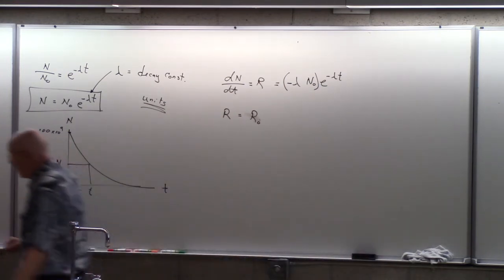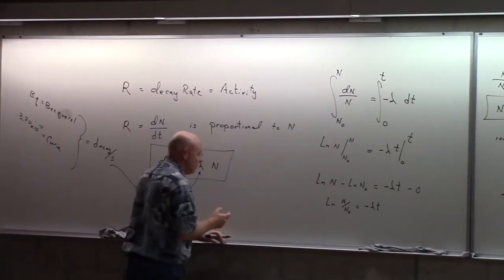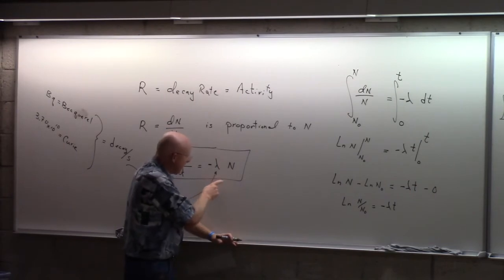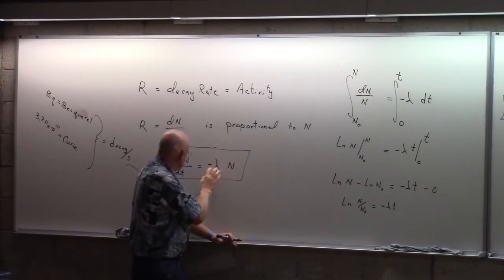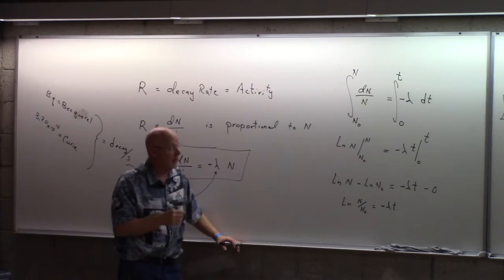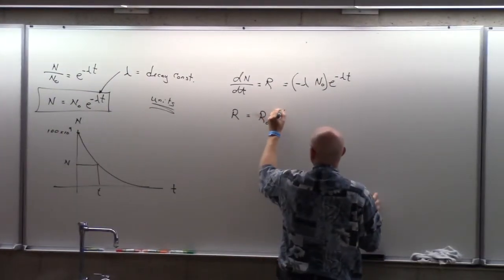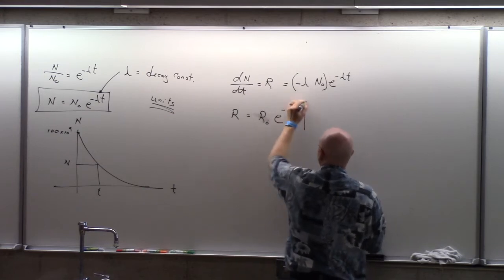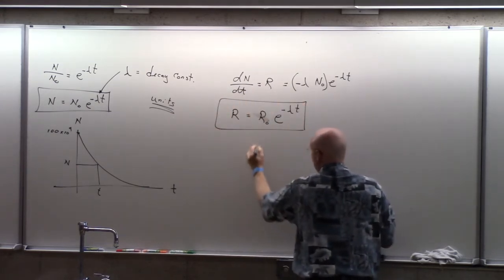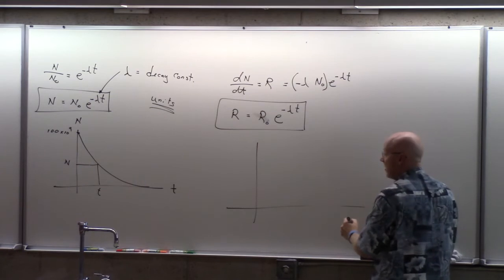Right? That's what this part of the equation would say. This would be saying put N naught here. This is your initial decay rate. And so then you would have this same exponential factor. And let me put a box around that, because that can be very convenient too.